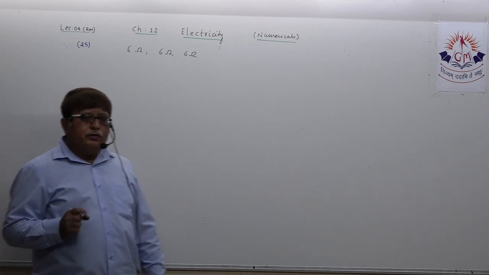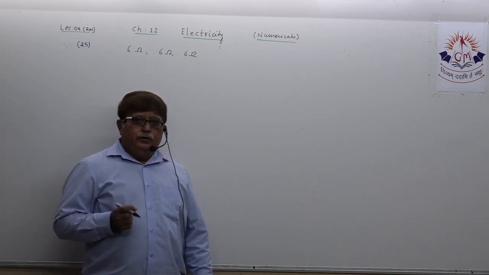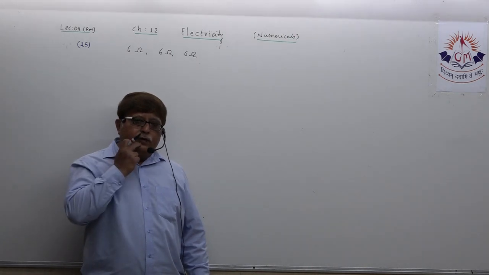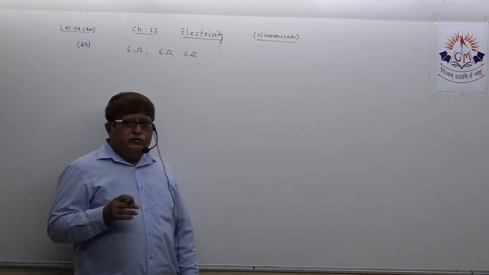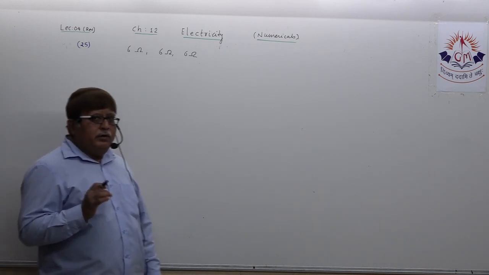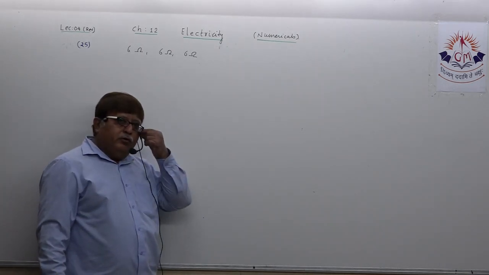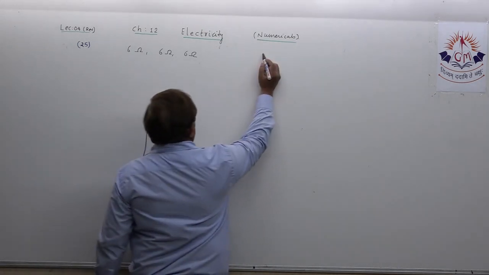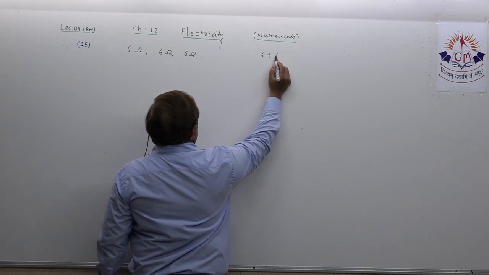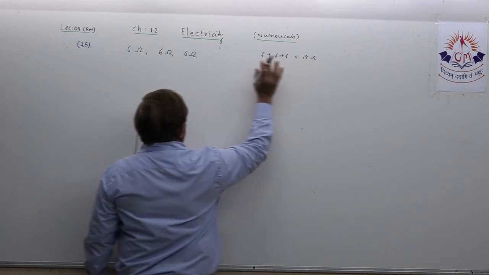What is actually the clue point about? Now, you have to get first an equivalent resistance of 9 ohm. Now, simply this example does not convey that you will join them in series or in parallel, because if you join them in series, what will you get? 6 plus 6 plus 6, obviously 18 ohm, which you don't want.